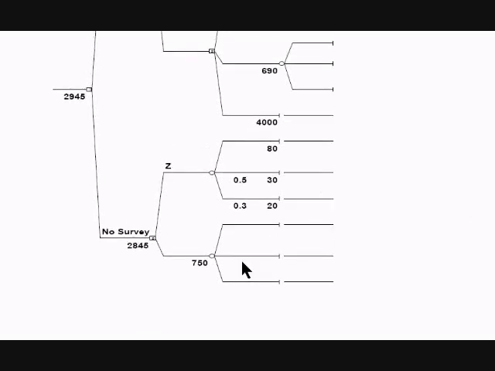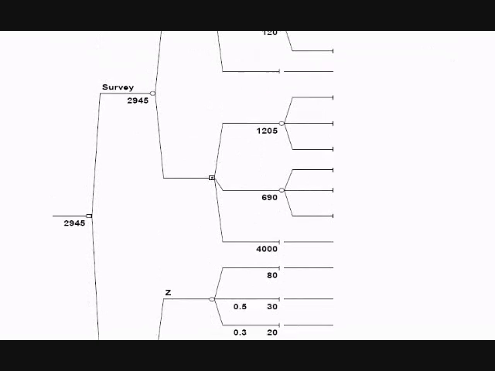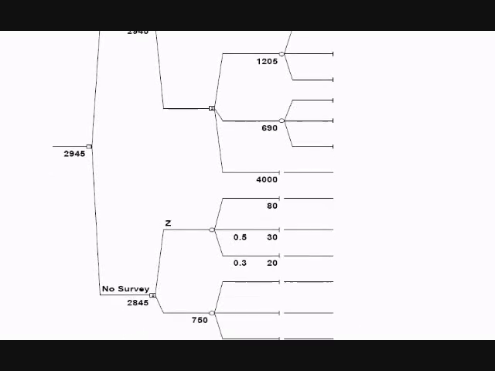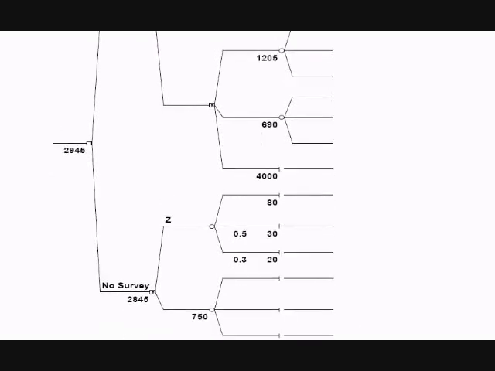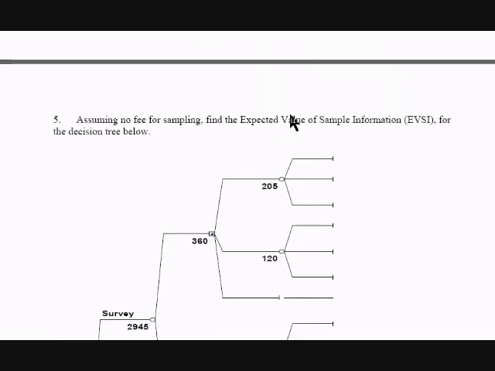And we really don't need to solve all of these other pieces of the decision tree. All we need to understand is that what we would pay for the survey is the difference between what we would make with the survey and what we would make without the survey. In this case, it's $100. So we know that the value of the survey, or the expected value of sample information, the most we would pay for the survey, is $100.